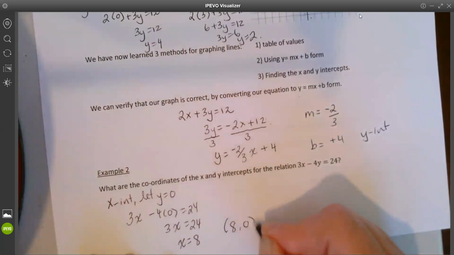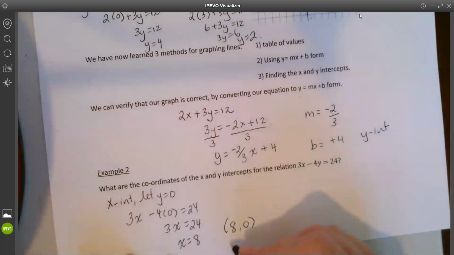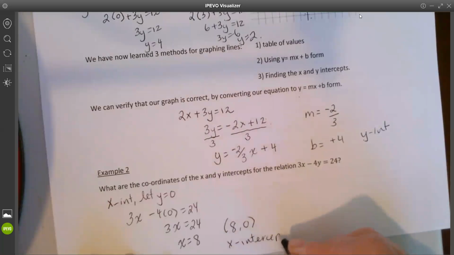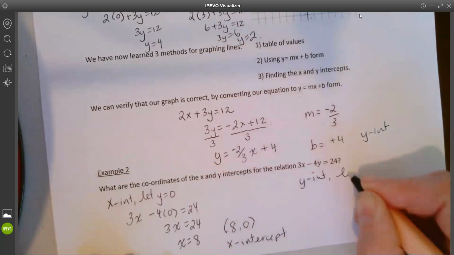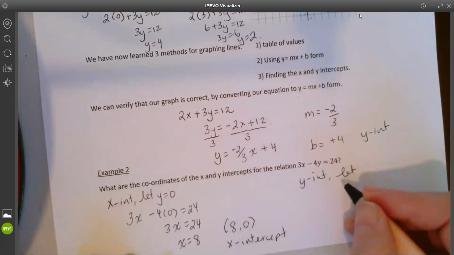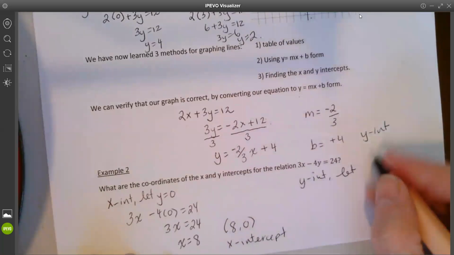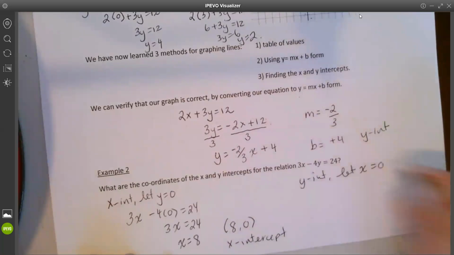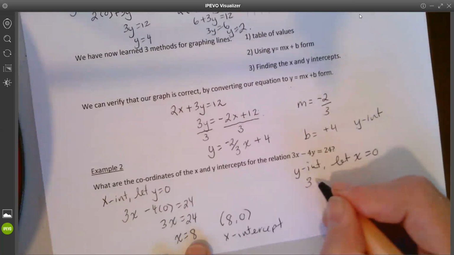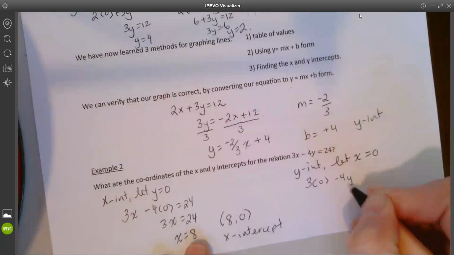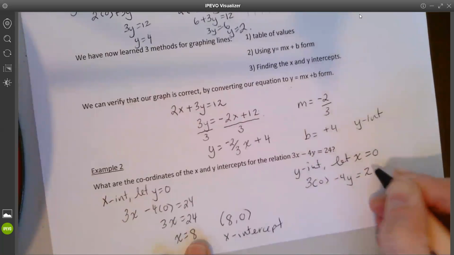So our x-intercept is at the point (8, 0). And then we're going to do the y-intercept. The y-intercept is a point on the y-axis that corresponds with an x value of 0. So we are going to replace x with 0.